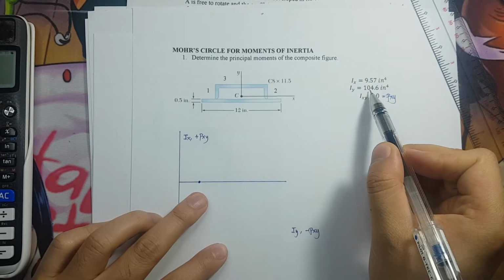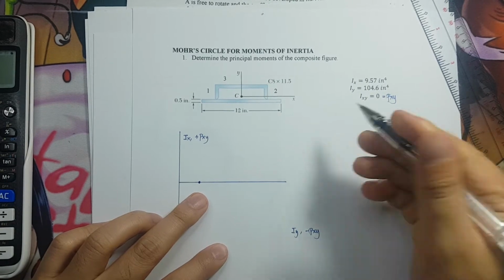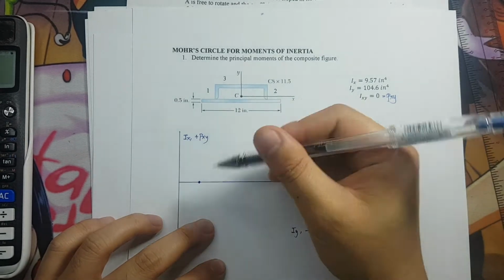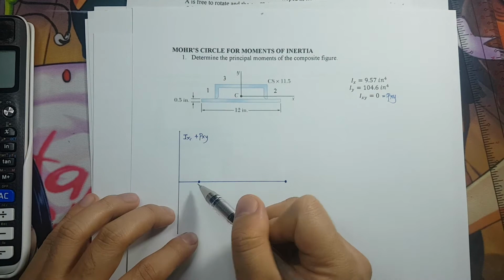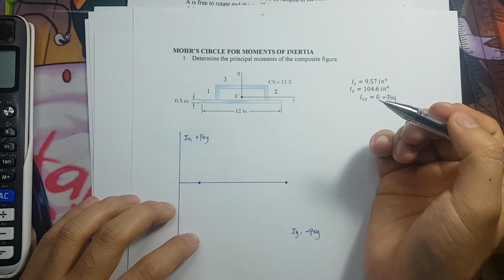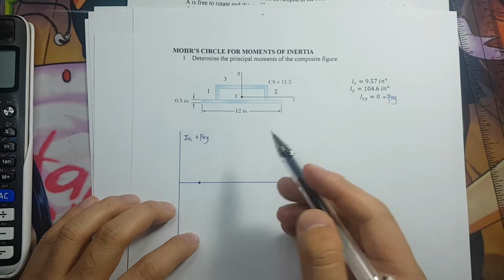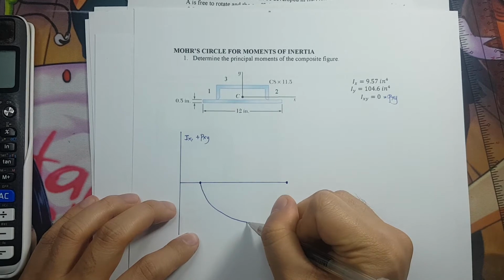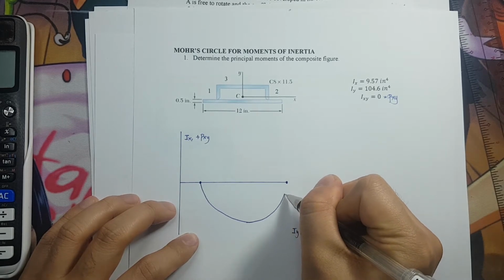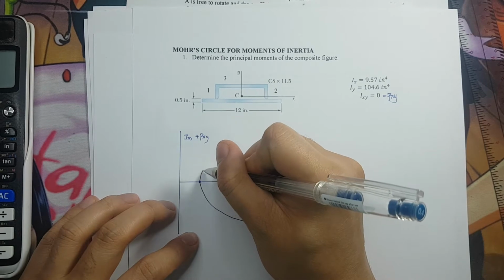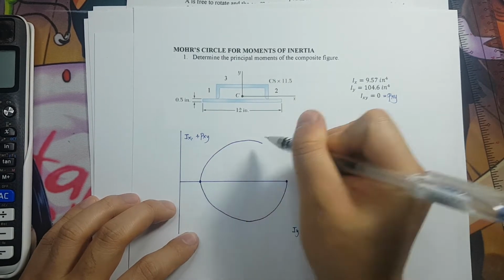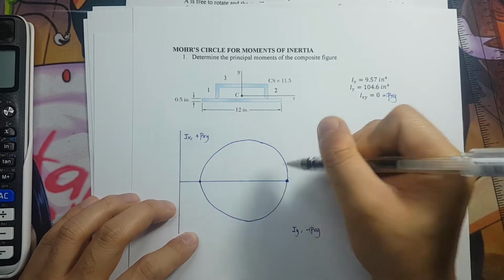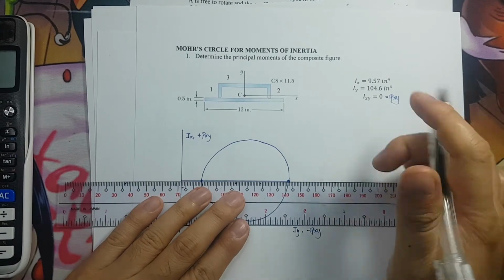Next we have Iy, 104.6, and Pxy is also 0. So that would be it. The next thing to do is to draw our circle. But by observation, there's no need to draw our circle because the coordinates are lying on the horizontal axis.